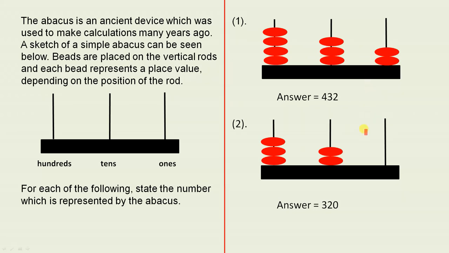432. That's very straightforward. The next one, 3 beads in the hundreds column, 2 beads in the tens column, and no beads in the ones column. So it's 320. You can see how straightforward it is.